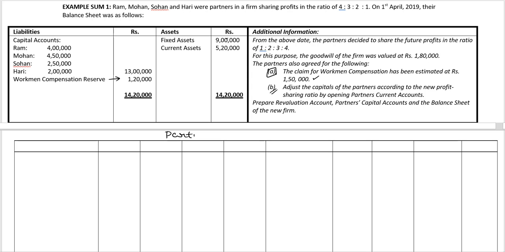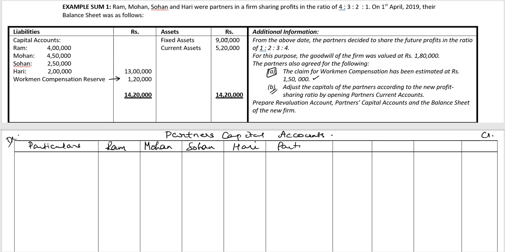Partners' capital accounts. Left side debit, right side credit. We have the particulars column, column for Ram, column for Mohan, column for Sohan, and a column for Hari.